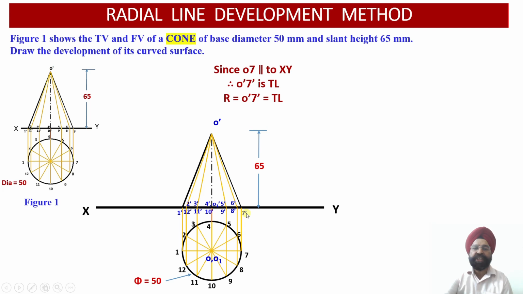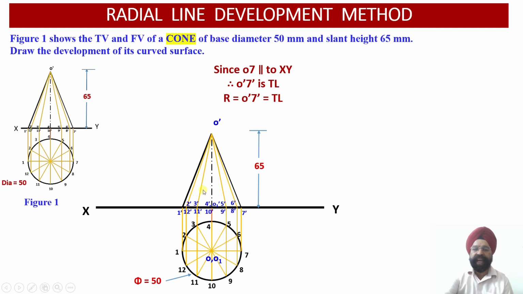So this thing must be understood, whereas you see O2, O3, O4, O5, O6, O8, O9, O10, O11 and O12, all these slant generators in the top view are not parallel to XY. So the front view corresponding to these generators are not true lengths over there.